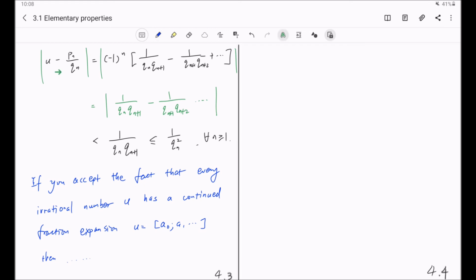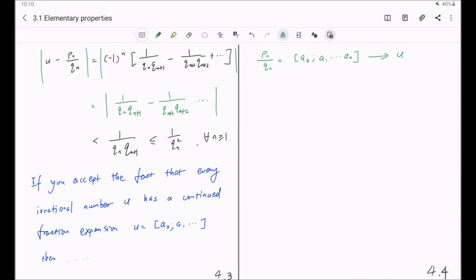We know from the above lemma 3.1 that this p sub n over q sub n is this finite continued fraction. And this guy converges to this irrational number u.